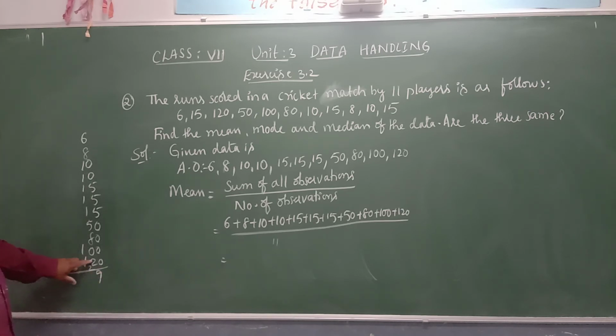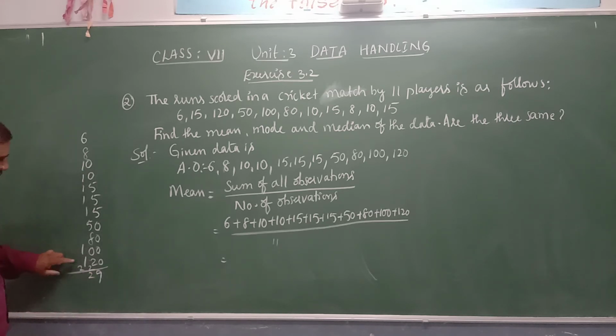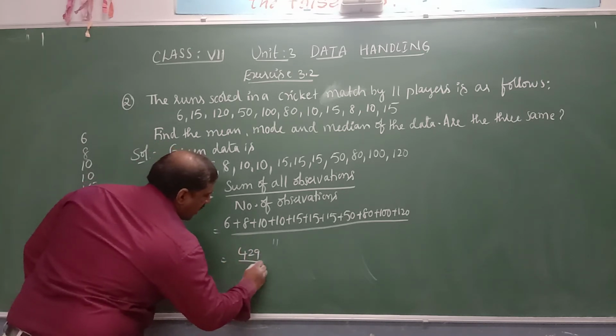Now 2 plus 2 is 4, 4 plus 8 is 12, 12 plus 5 is 17, 18, 19, 20, 21, 22. Now 1 plus 1 is 2, 2 plus 2 is 4. So the total we got is 429 by 11.